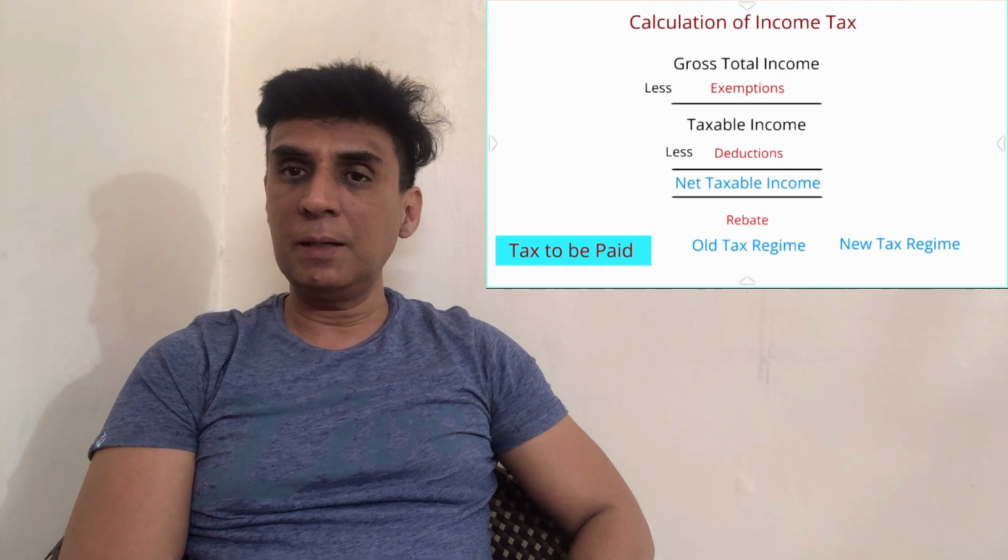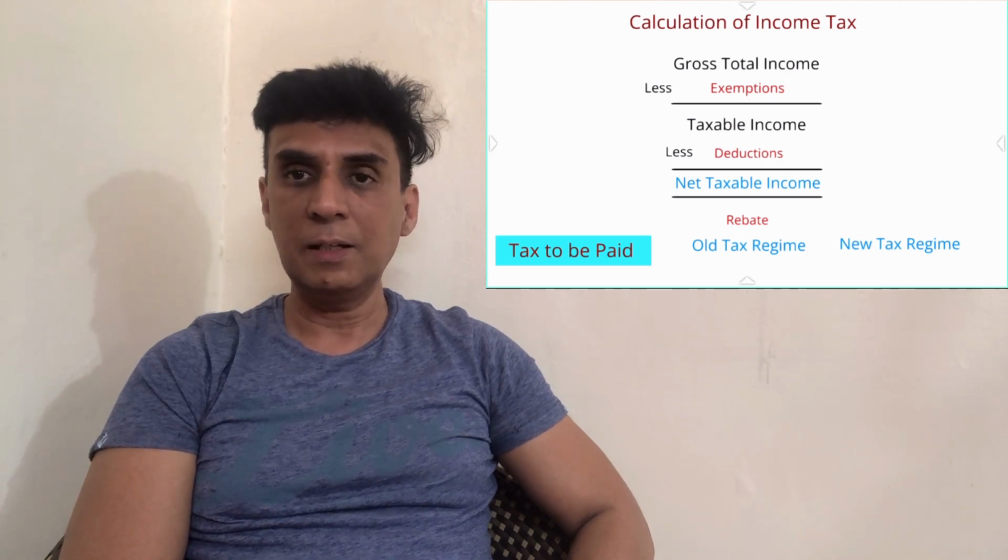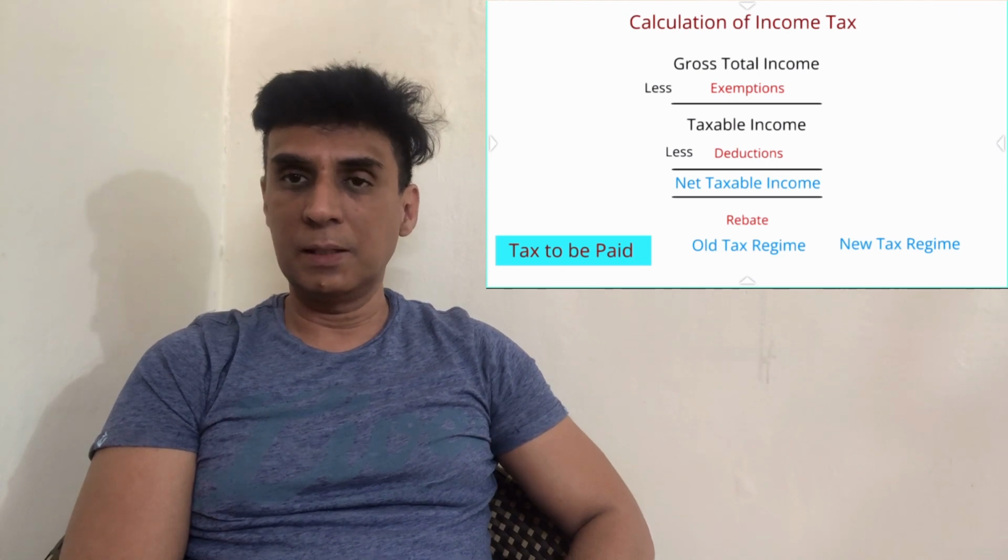From the taxable income, we remove certain deductions which are available under the Income Tax Act to get the net taxable income. It is on this net taxable income that the income tax is applicable. As of today, there are 2 tax regimes which are prevalent, the old regime and the new regime. An assessee has a choice to choose either of the 2 regimes and pay tax accordingly.